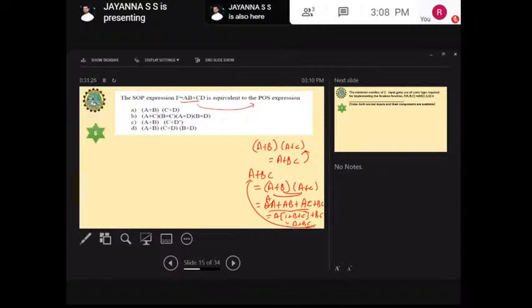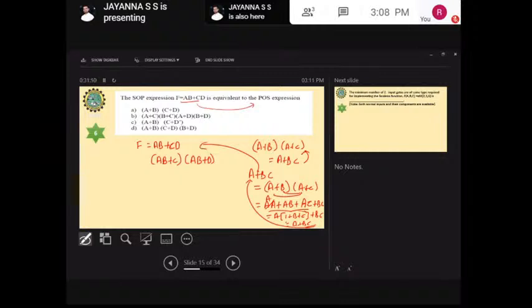Similarly, they are given AB plus CD. So this is the SOP expression. Since I need to write the POS expression, I am going to write AB plus C into AB plus D. I applied this theorem, this property.